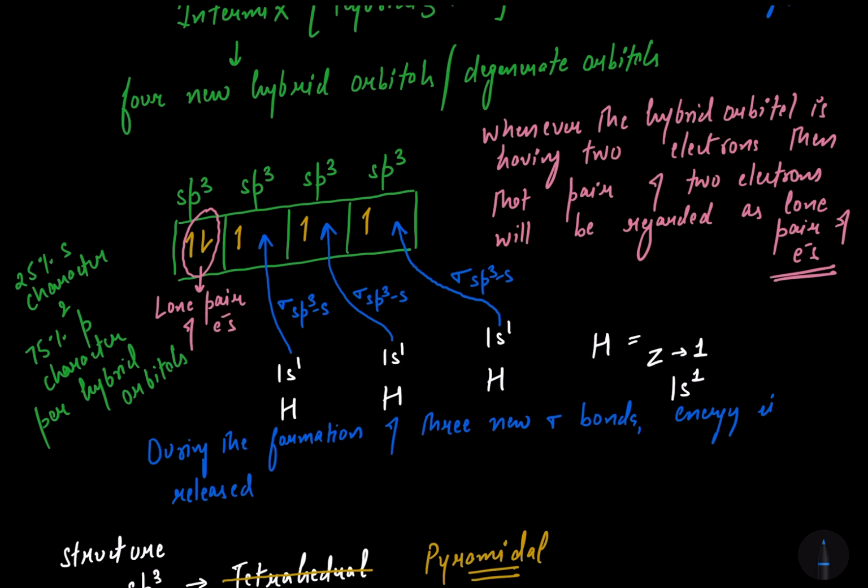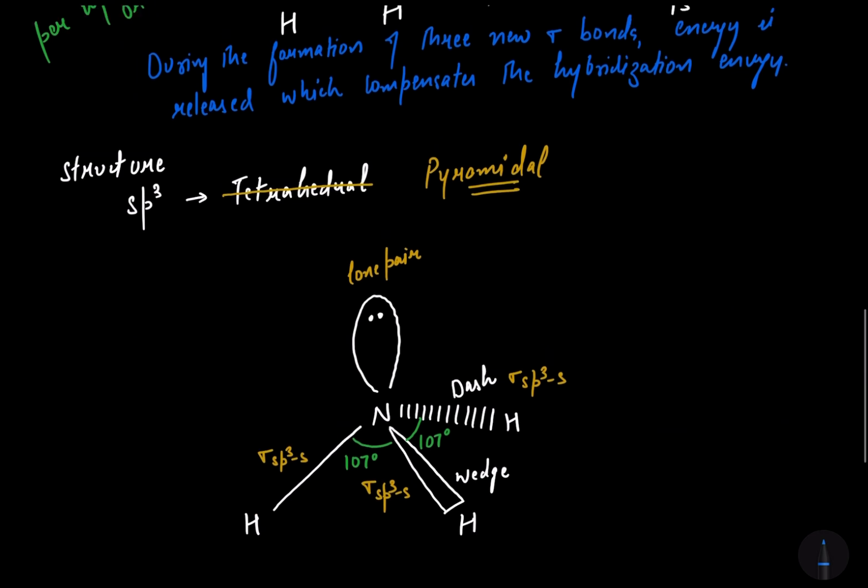The energy is released which compensates the hybridization energy in this case, which compensates or recovers the hybridization energy. That's why the formation of NH3 is practically possible. It's a practically feasible process because the hybridization energy is getting compensated by the energy released during the formation of 3 new sigma bonds. So that's all for today.